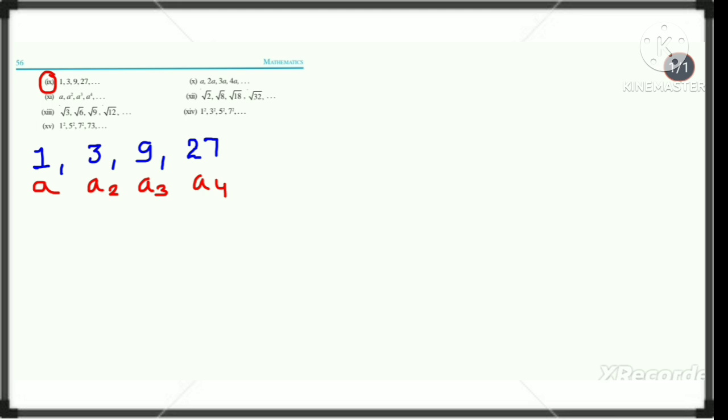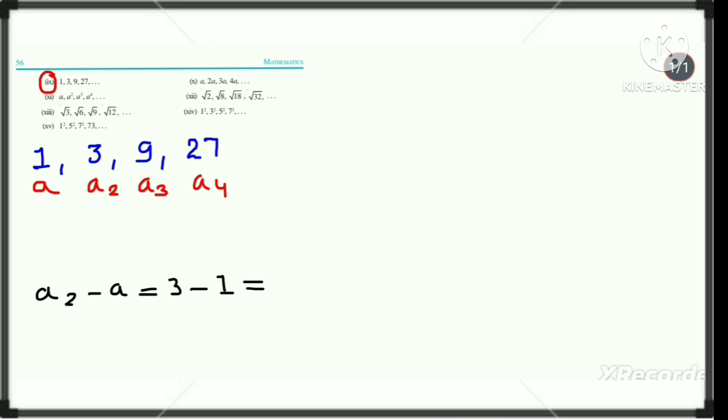Okay, now let's find the difference between each term. So firstly, the difference between A2 and A1. A2 is equal to 3 minus A1 equal to 1.